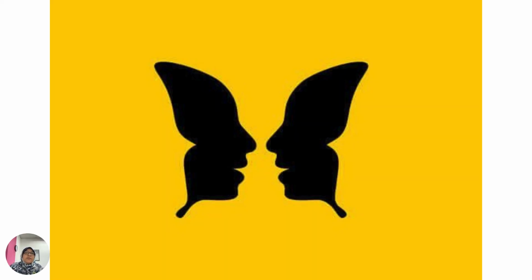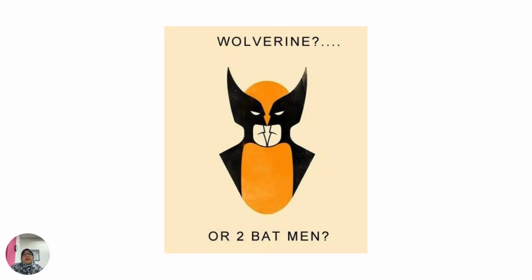For example, if you look here, the face is the same element, but when it is placed in symmetry, it will create a butterfly. Okay, so the Wolverine, this cool designer made a Batman face, and by putting it in symmetry, it creates Wolverine.